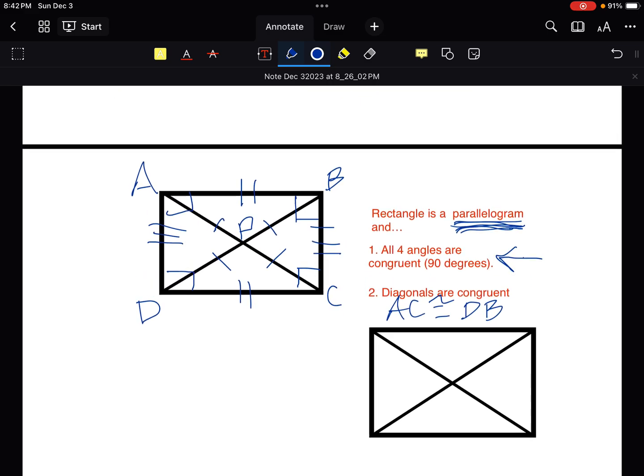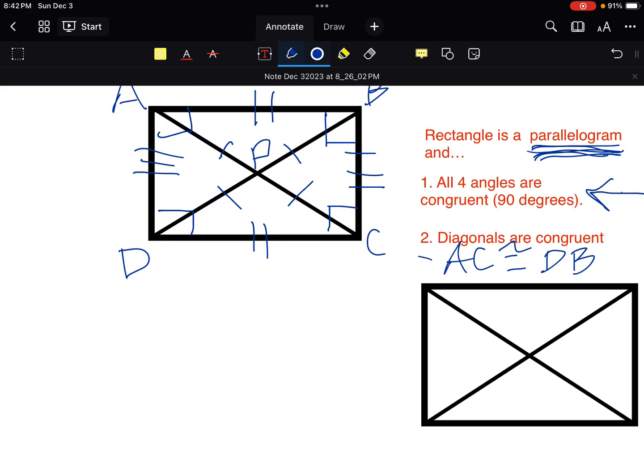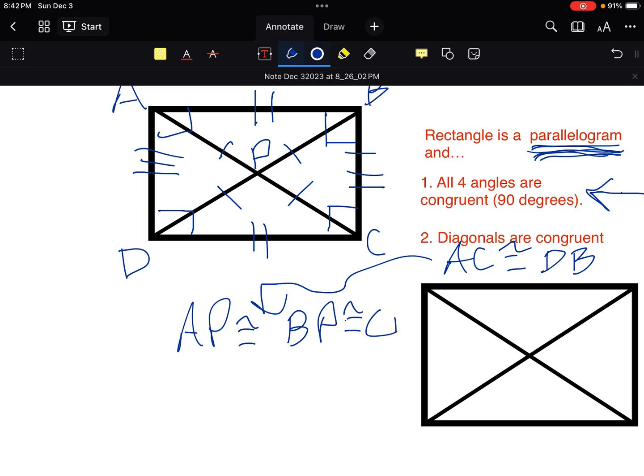But we also know that because of that, AP is congruent to BP, is congruent to CP, is congruent to DP. All four of those segments are congruent because in parallelograms the diagonals bisect each other, and in rectangles, they are congruent.